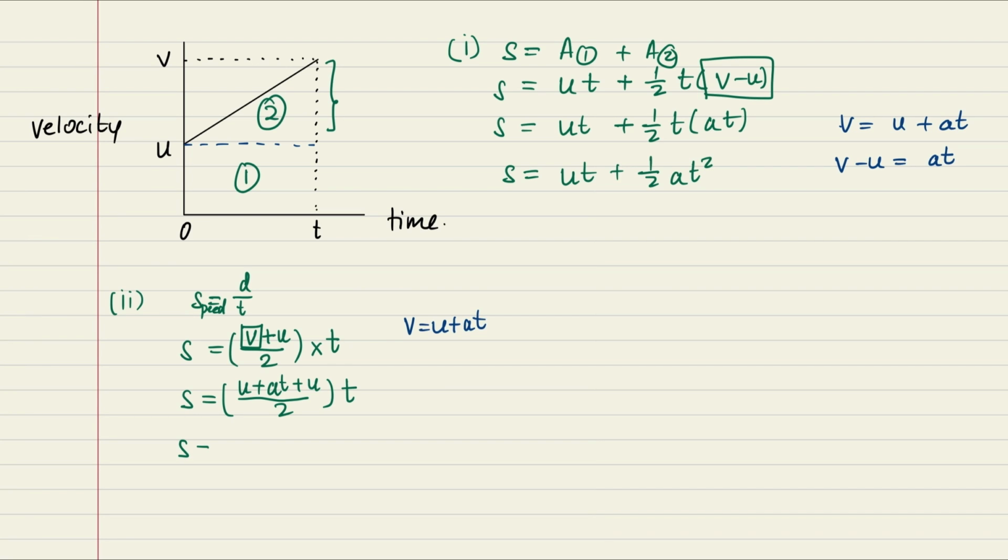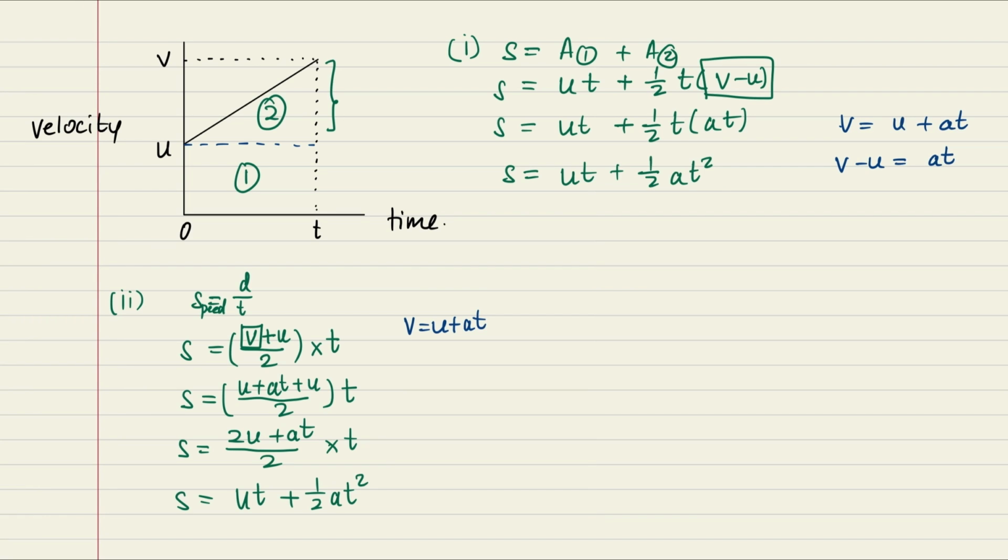So s is equal to 2u plus at divided by 2, multiplied by time. Now let's simplify. You're going to get ut plus half at squared. And that's the second way of deriving the second equation of motion.